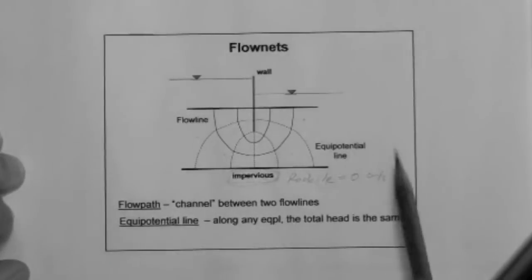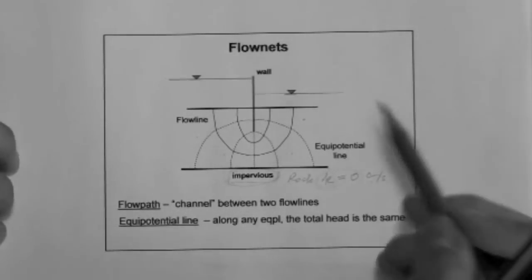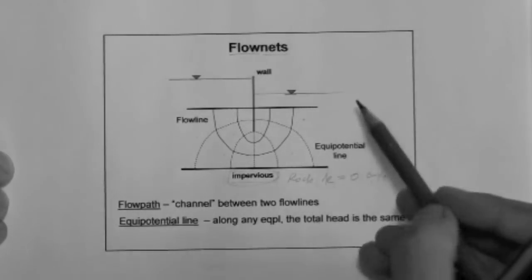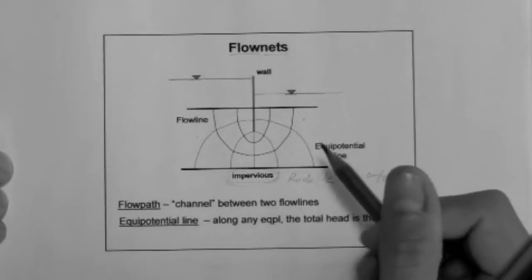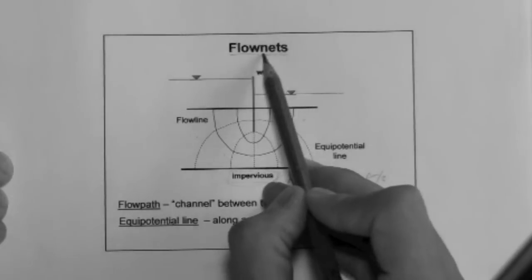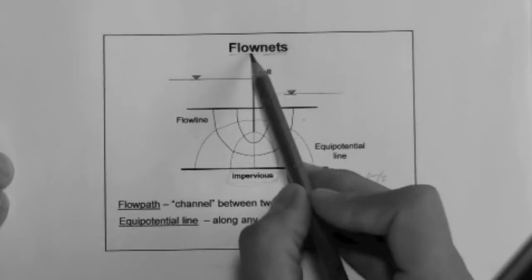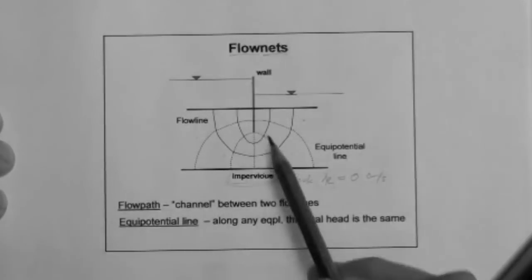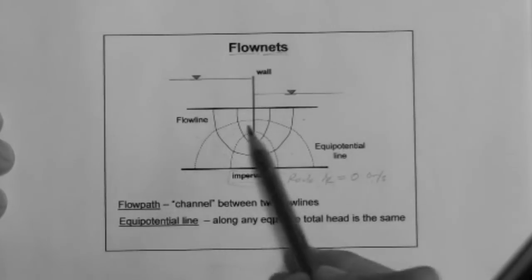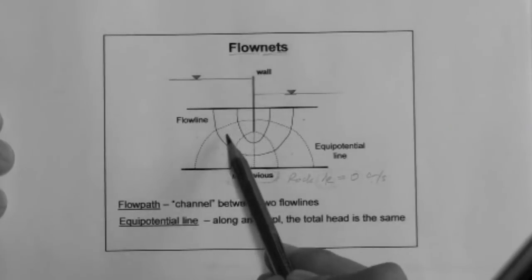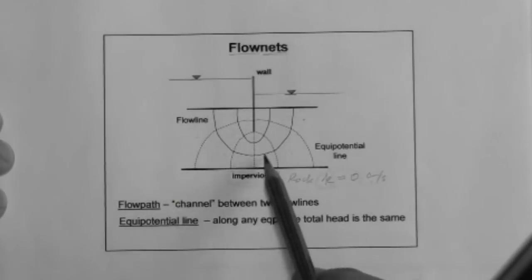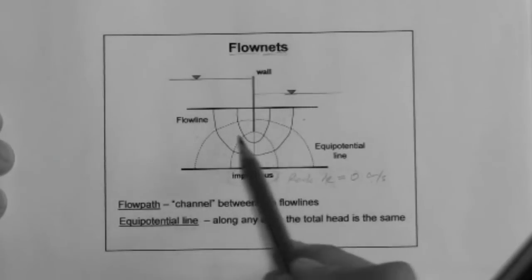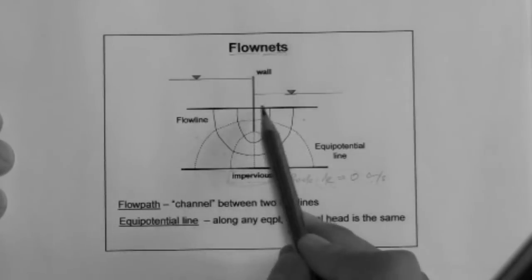The flow nets procedure requires you to draw what's called a flow net, and it's very self-explanatory. It is a net or a grid that describes the flow. So here's the grid for this problem, the flow net. You can see that it's like a mesh, like a grid. Here are the elements of the flow net, and here are the curves that make the flow net.